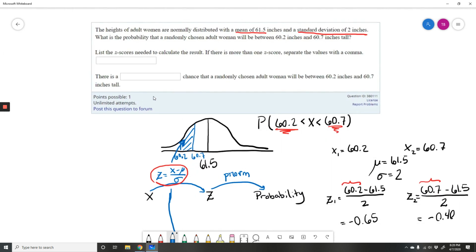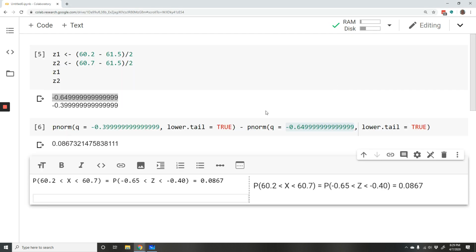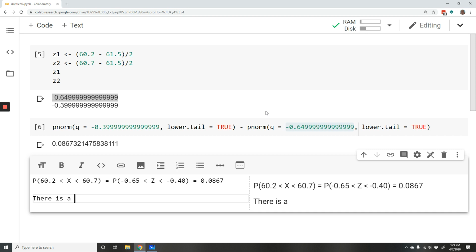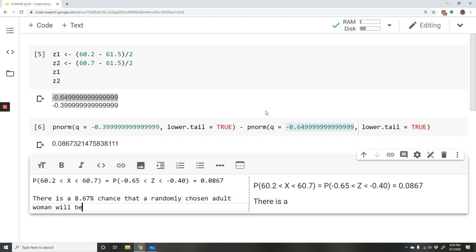We wanted to find the chance, the probability that a randomly chosen adult woman will be between 60.2 inches and 60.7 inches tall. So converting that to a percentage, there is an 8.67% chance that a randomly chosen adult woman will be between 60.2 and 60.7 inches tall.